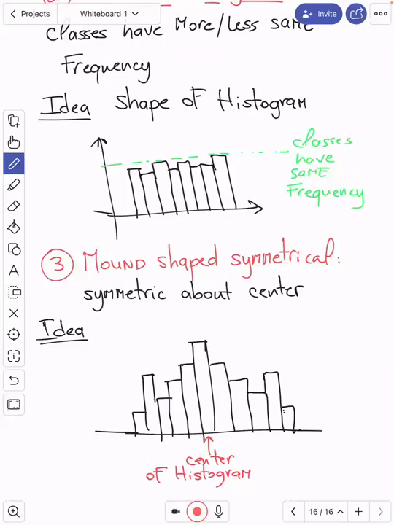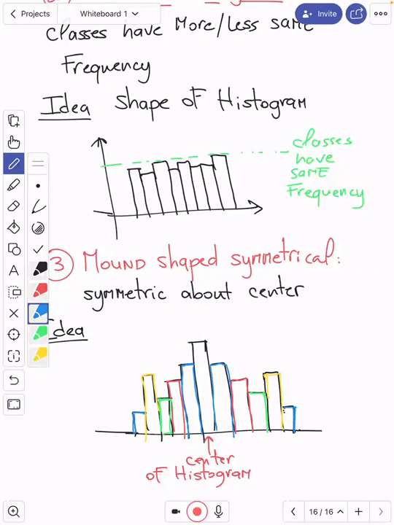This class here would be the image of this one, and this one here looks almost the same as this one, etc. Finally, this one here looks like this one on the right side.